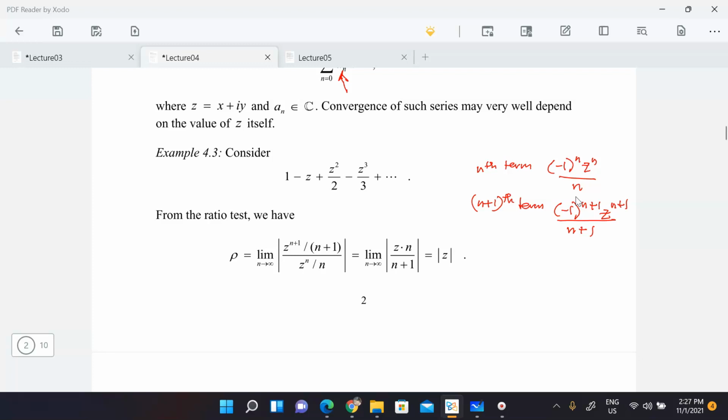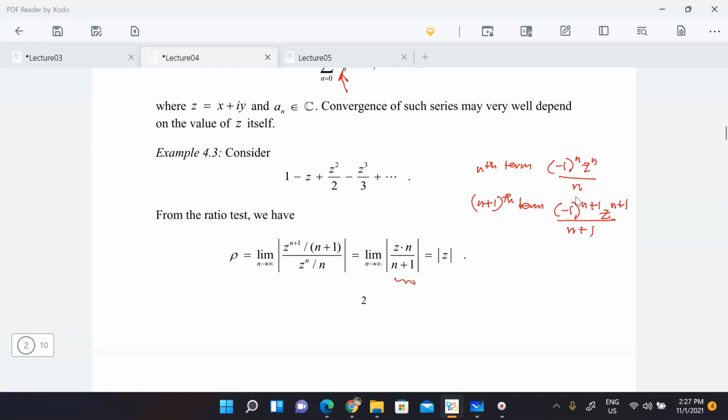So minus 1 to the n plus 1 is divided by minus 1 to the n, z to the n plus 1 is divided by z to the n, and then n, which was appearing at the denominator, will become the numerator, divided by n plus 1. So in the end you have this ratio.